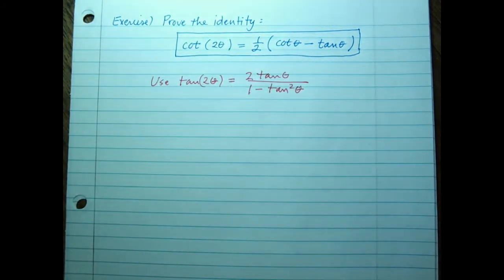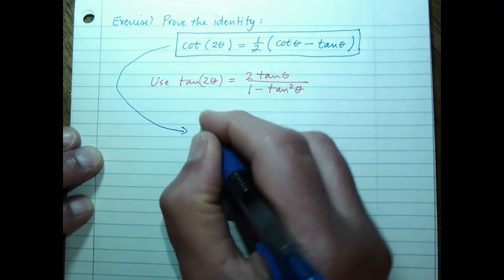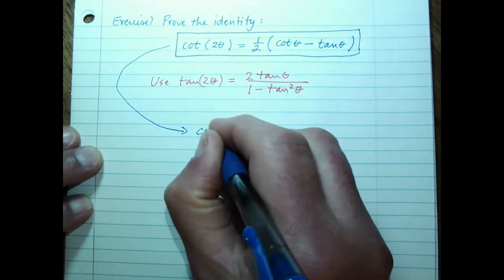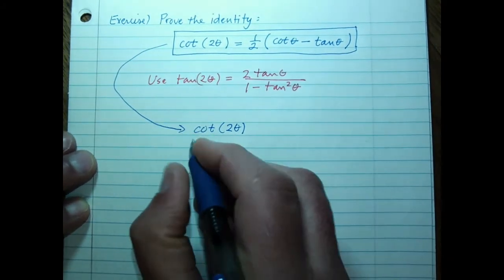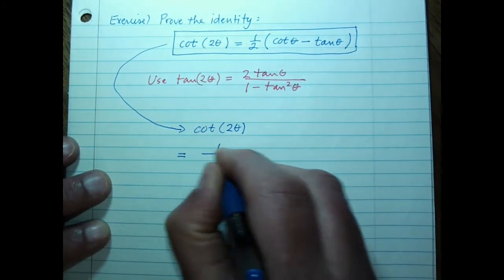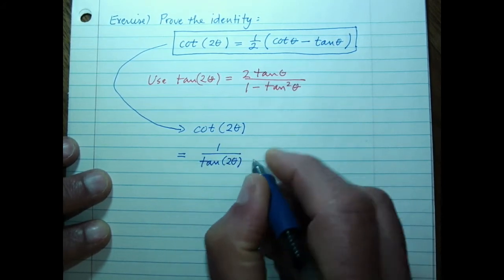But now you're saying you don't have tangent theta, you have cotangent theta. Well, I can rewrite cotangent as, let's first write cotangent 2 theta equals 1 over tangent 2 theta. They're the reciprocals of each other.